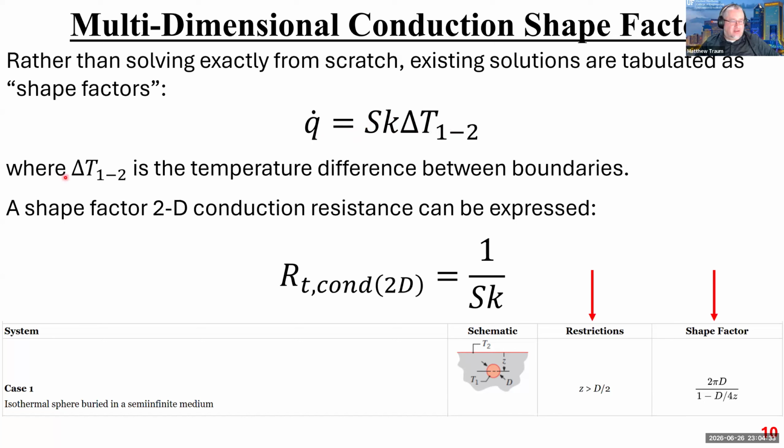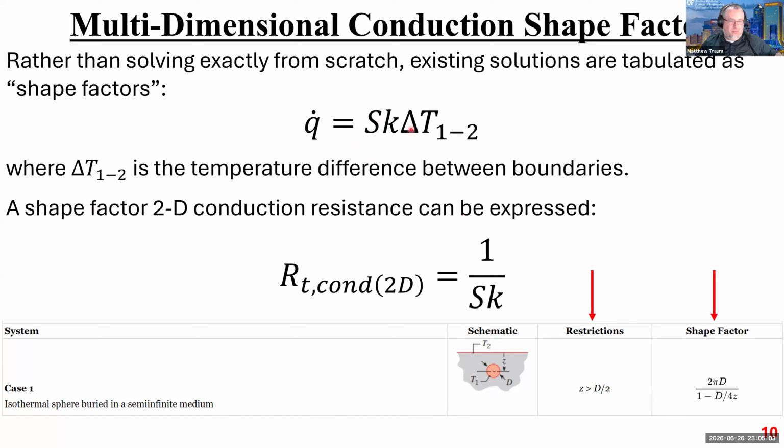I say here, delta T is the temperature difference between a couple of the boundaries. And because we love that whole resistance thing, where everything is a resistance model, remember that from 1D conduction, you can also write a 2D shape factor conduction resistance. And if you remember the form of what resistance actually is, it's just 1 over this, right?